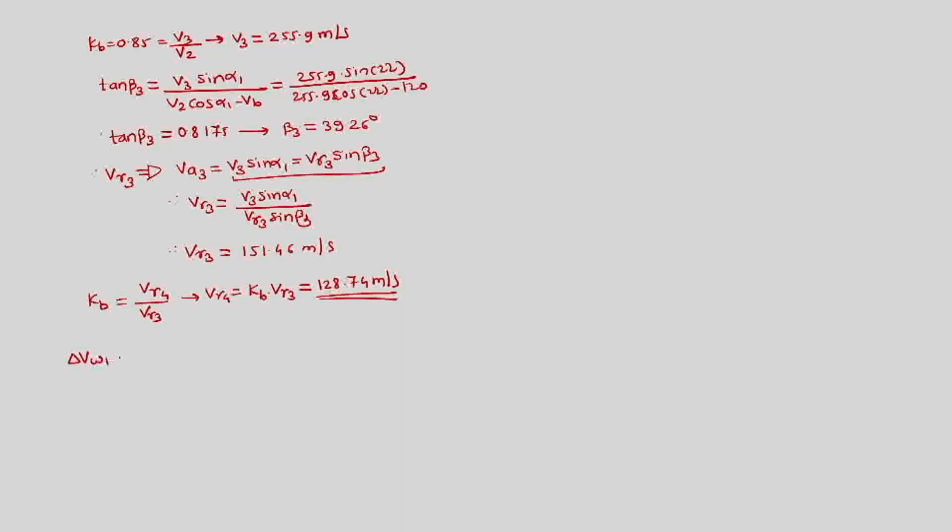So delta VW1, where 1 means stage 1, is equal to VR1 cos beta 1 plus VR2 cos beta 2. We know VR1 cos beta 1 and VR2 cos beta 2, and we get it as 849.44 meters per second.